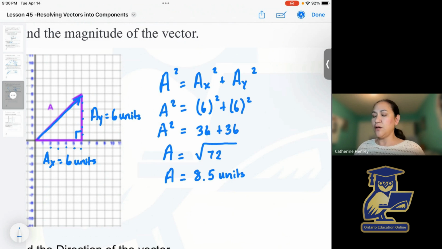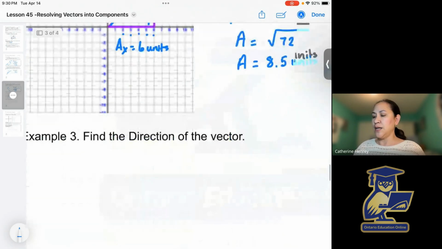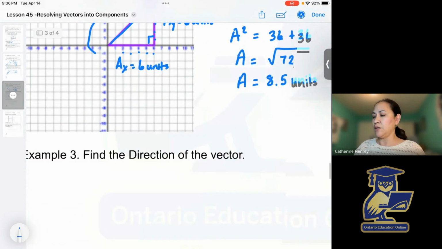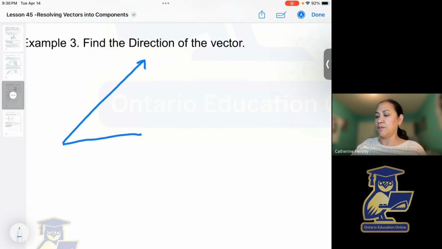Great, but what if we want to know the direction? So let's take a look at finding the direction. So I'll take out my triangle from the top here so we can draw it out a little bigger and label all the components that we have. And we know the magnitude of A, that's 8.5.